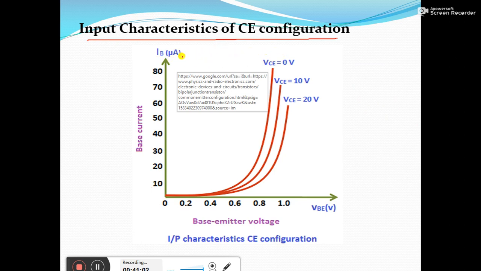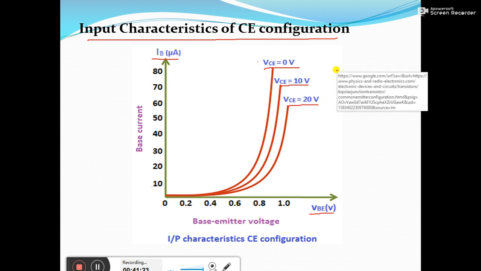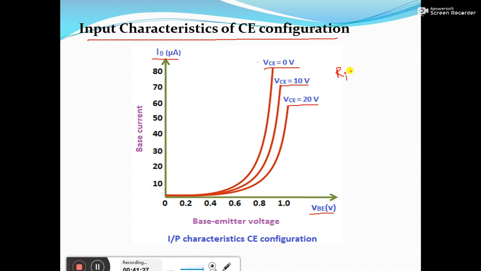It gives the relationship between the input current IB and the input voltage VB at constant output voltage, that is VCE. Here we have plotted different curves for different constant output voltages, that is 0 volt, 10 volt and 20 volt. Again here also we have to define the input resistance, that is Ri.